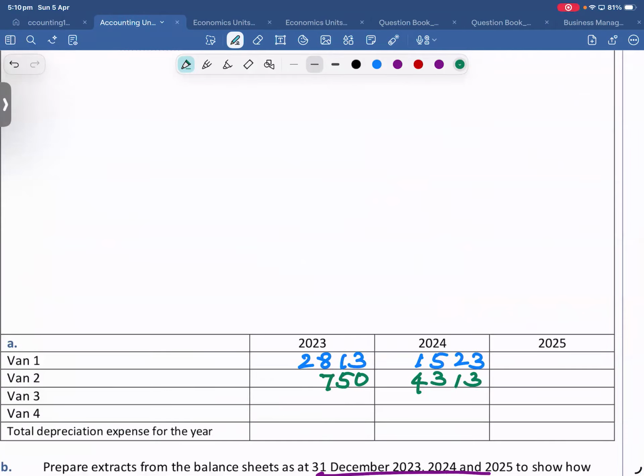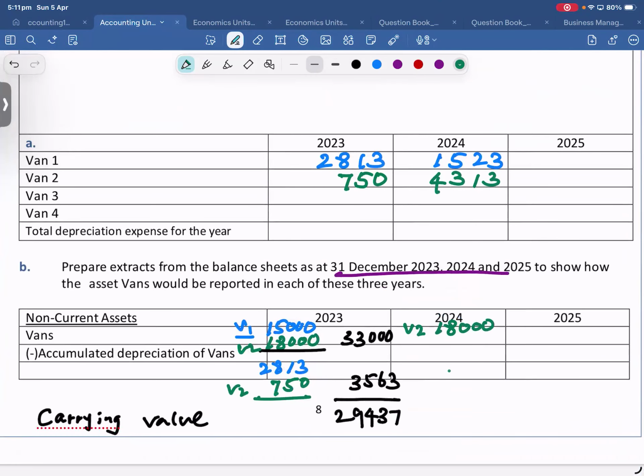What about the accumulated? Accumulated is 750 plus 4313, which is 5,063.